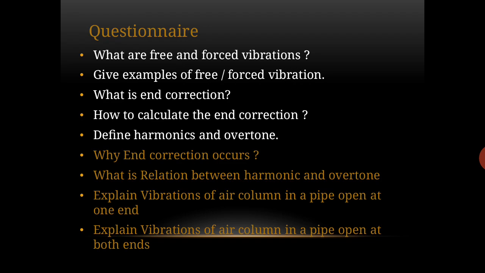See, harmonic and overtones have a relation in two different cases: when the pipe is closed at one end and when the pipe is open at both ends. So in this explain vibration of air column in a pipe open at one end or pipe open at both ends. We need to understand the relation between harmonics and overtone.